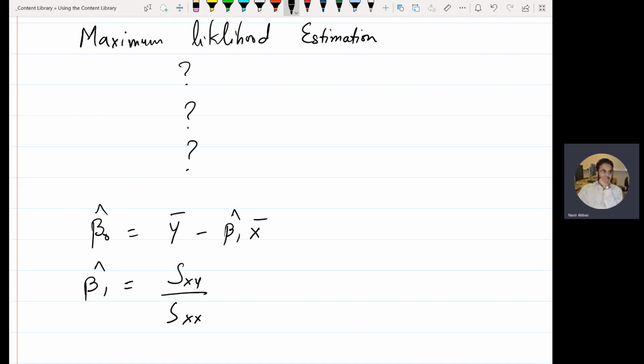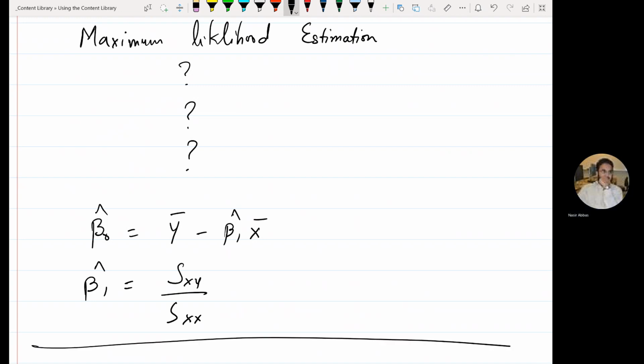I'll give you the proof. But we close this topic here. And what do we learn from this one? Even if x is random, what are the formulas that we are going to use? The same. So all the theory that we established first by assuming that x's are fixed can also be applied when x's are not fixed.